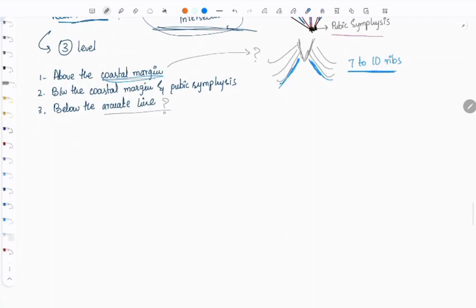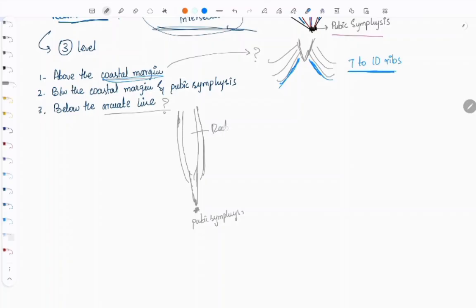I'll show you in a diagram, but to have a basic idea right now, consider this is your posterior lamina of the rectus sheath and this is your anterior lamina. In between we have our rectus muscle moving down and attaching on the pubic symphysis.